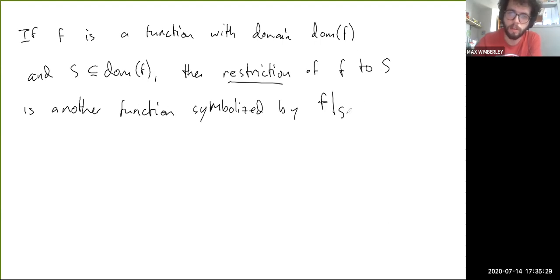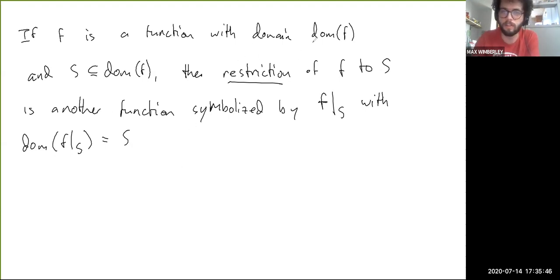And basically, the domain of the restriction is just S. So all the restriction is, is you take f and you throw out some of the values in the domain.